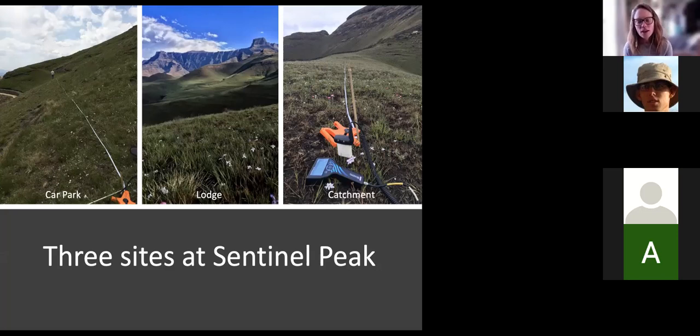On the same trip, we had stopped just to admire the view coming down off the mountain, and some little white dots caught our eye. So we got out of the truck, took a walk down, and found another population of Confecta along the catchment. Across these three sites, we measured temperature, humidity, and soil moisture, as well as counted the number of white and pink morphs.